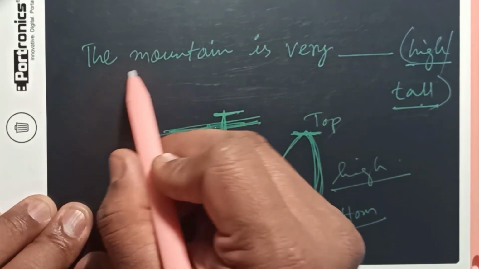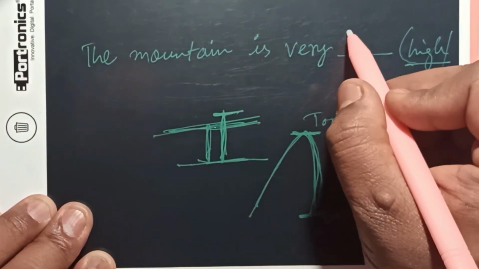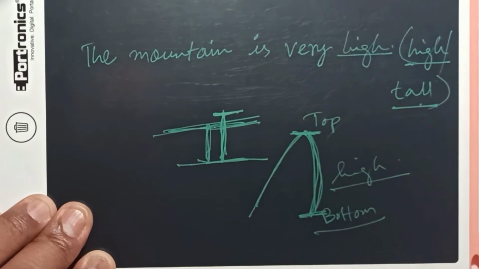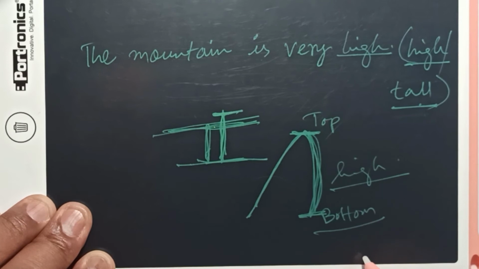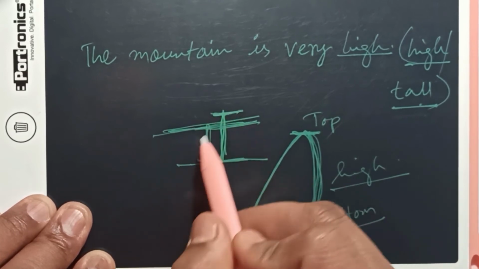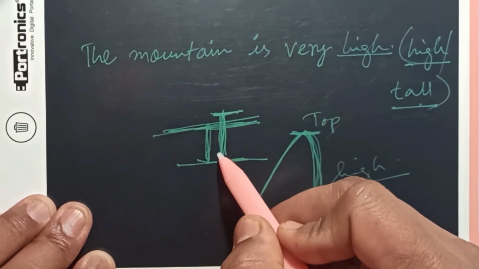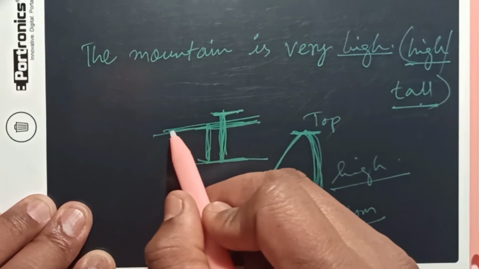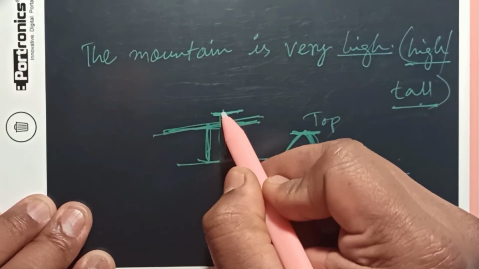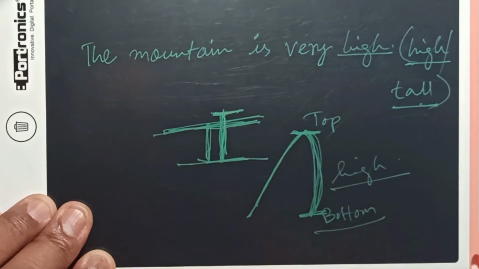So in this case, the mountain is very high is our answer, because generally a mountain is very high. It is not like tall. Tall is if something is this much average and something is higher than that, that is our tall.